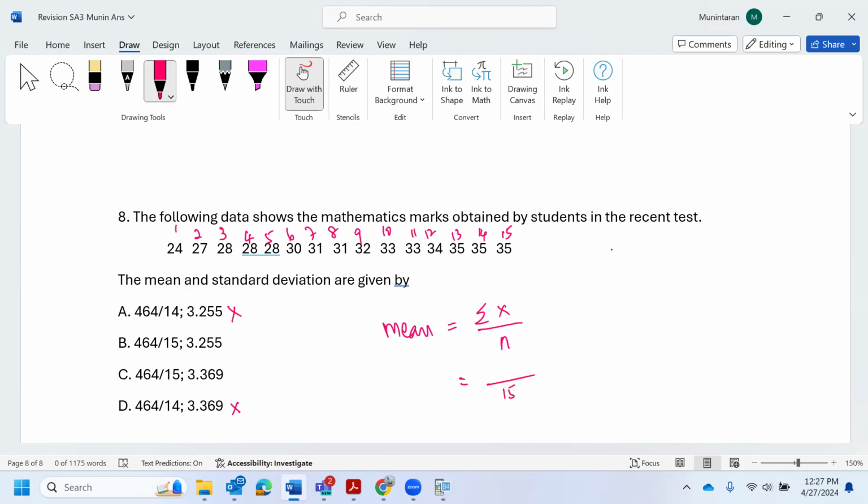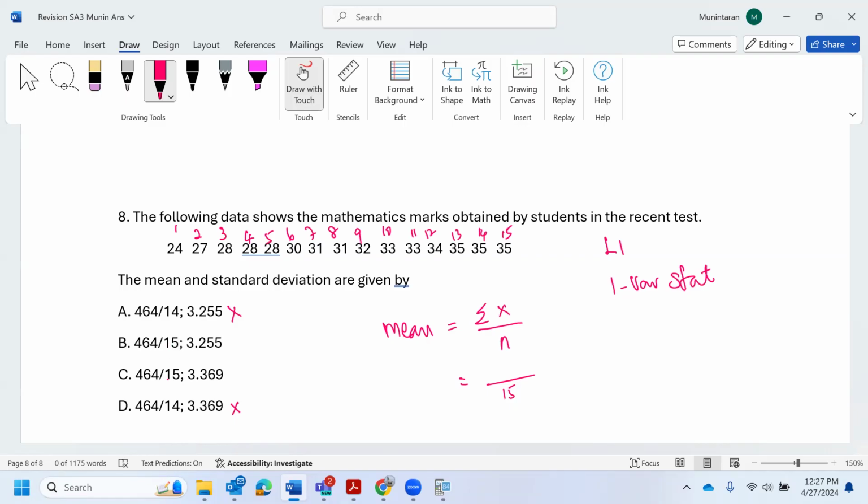You key in your L1 and then do one var stat. When you do one var stat, the summation, I think you'll be getting 464. All right, 464 divided by 15.